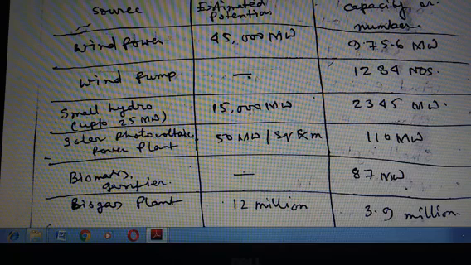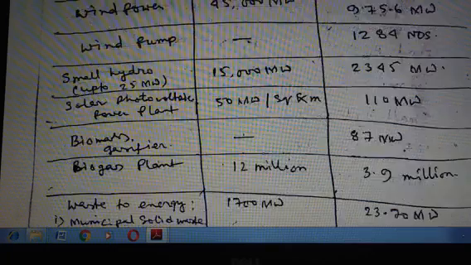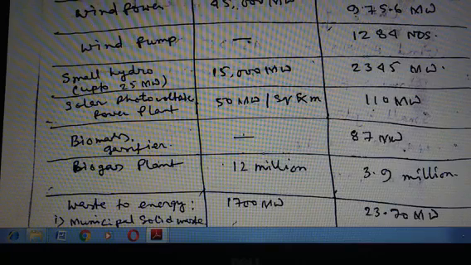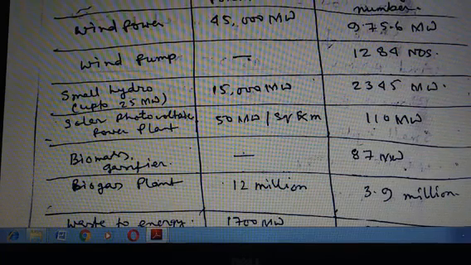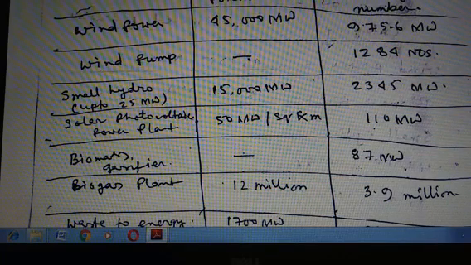For solar photovoltaic power plants in 2009, the estimated potential is 50 megawatt per square kilometer, but practically the Indian government and public sectors installed 110 megawatt. For biomass gasifiers no estimated potential is required, but our government generated 87 megawatt.